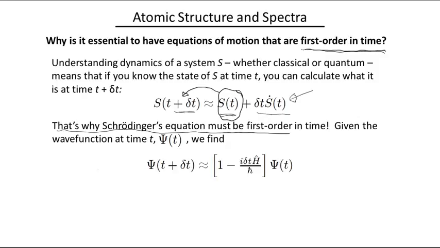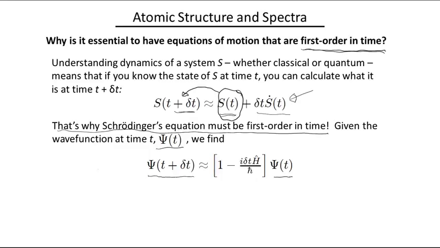That's why Schrodinger's equation must be first order in time. The whole idea of quantum mechanics is that the wave function, psi, defines a state, and if we know psi at time t, and we know the Hamiltonian operator, then we can determine psi at some slightly later time.